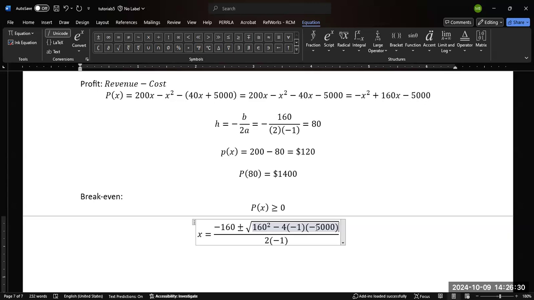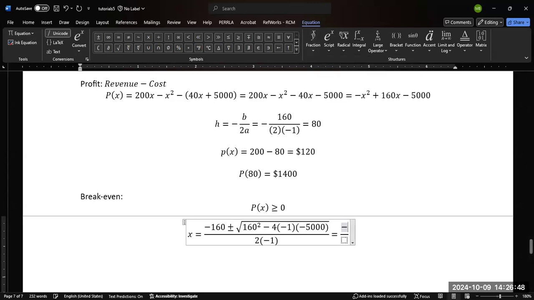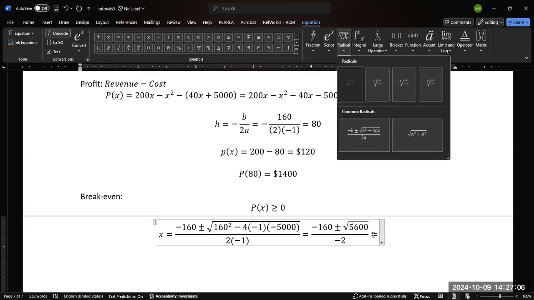Because I have 3 negatives, it is a subtraction. So I end up with 5,600 under the square root. And so we're going to end up with -160 plus or minus the square root of 5,600 all over -2.